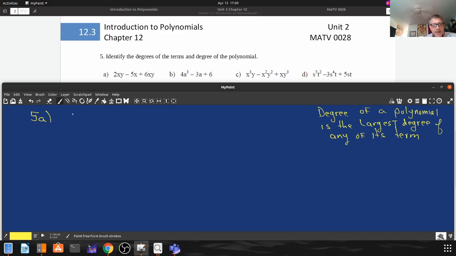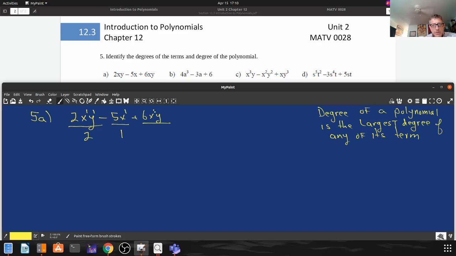So 5a, we have 2xy minus 5x plus 6xy. So the degree of this term is 2, because I just add the exponents. That's 1 plus 1. The degree of this term is just the power of the exponent, which is 1.